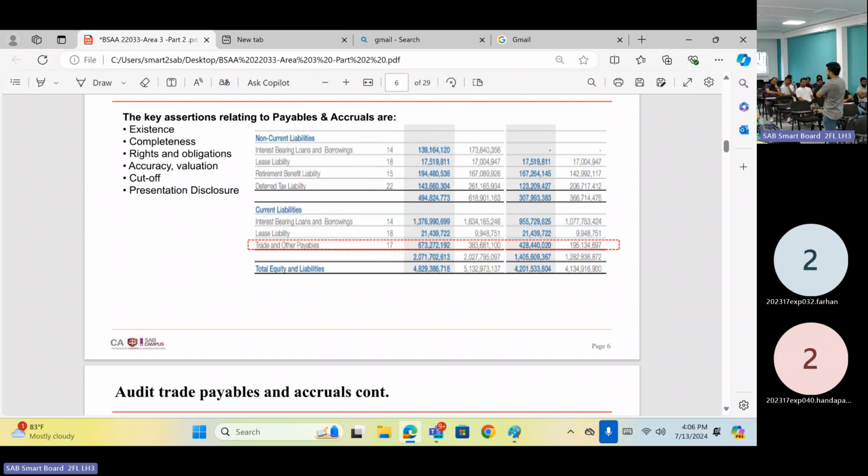Then you recognize the asset and the liability. That's called a finance lease. And previously, the operating lease was not accounted for as an asset. We recognized that as a rent expense.